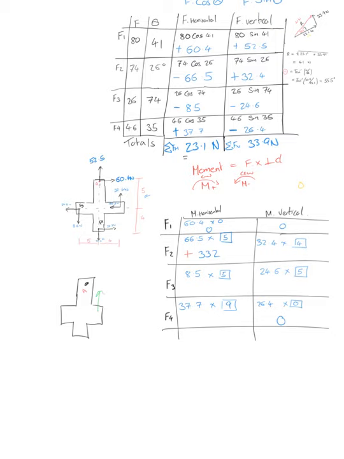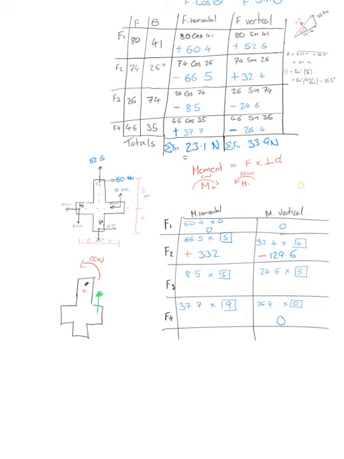If there was no other force acting on this shape, it was nailed into the wall at A, and I pull it with F2 in this direction, it's going to make the shape twist this way, which is counterclockwise around A. So this is going to be a negative moment. It's going to be minus. And our moment in this case works out to be 129.6.